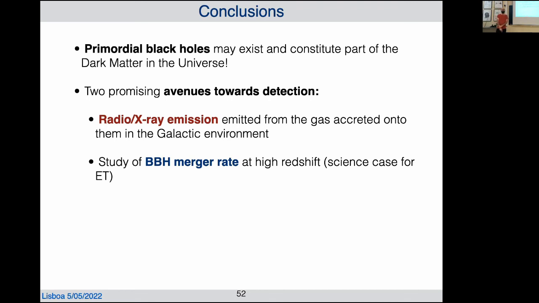Yes, question? Thanks for your very interesting talk. We would like very much that all that matter is in black holes. That would be nice. I have a question of principle that perhaps should be raised.